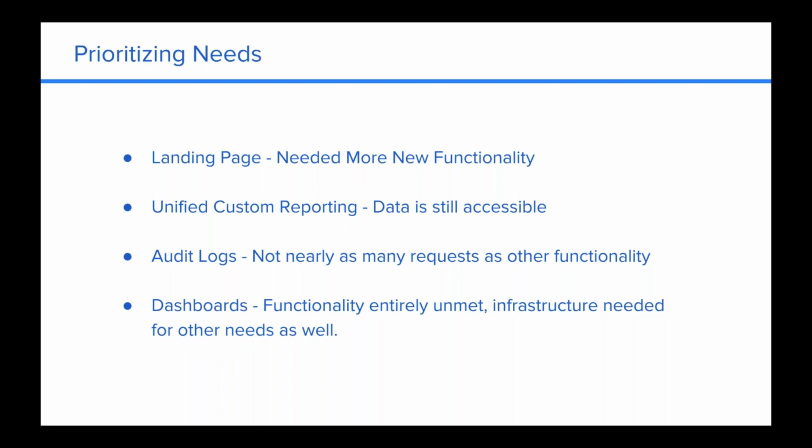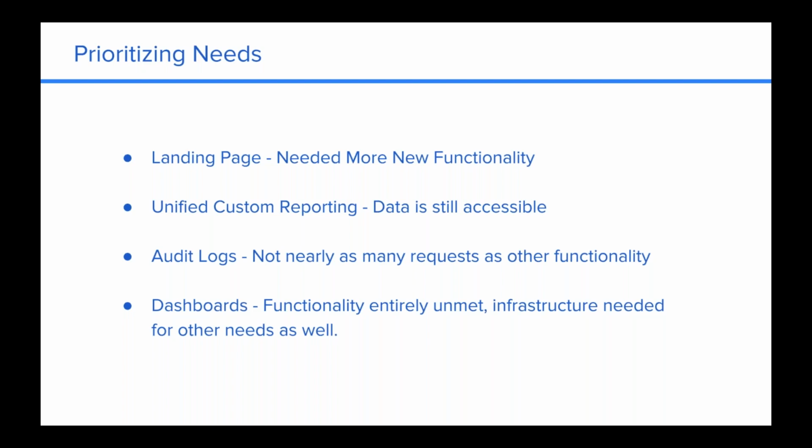Next, we had to prioritize those needs and figure out what we were going to do first and how we were going to order the rest of them. Looking at the landing page, we felt it didn't make sense to dive into just yet, as we didn't have all of the pieces to pull it together, like auditing or those dashboards. With regard to the unified reporting, this comes at the end of reorganizing the Namely data ecosystem.